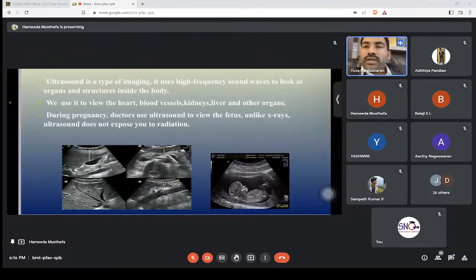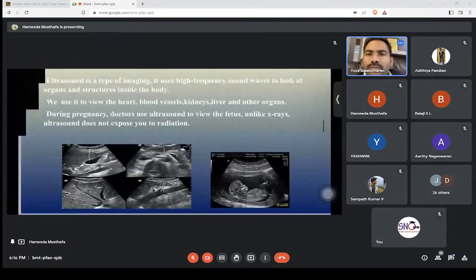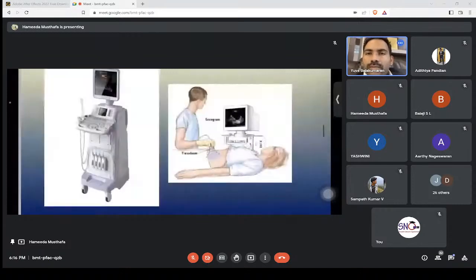During pregnancy, doctors use ultrasound to view the fetus. Unlike X-rays, ultrasound does not cause any harmful radiation, so we can do it multiple times during pregnancy or for any abdominal discomfort or problems. Okay, next. This is a picture of an ultrasound machine, and this is how the ultrasound is taken.